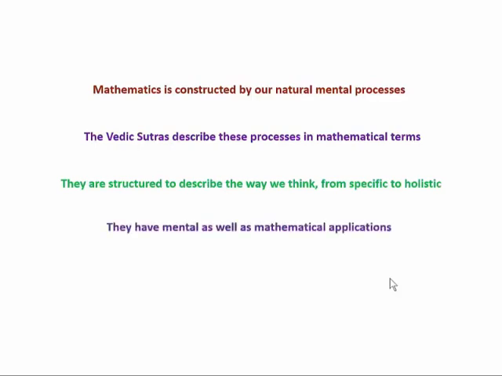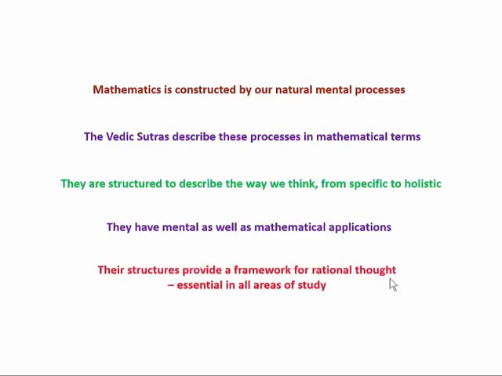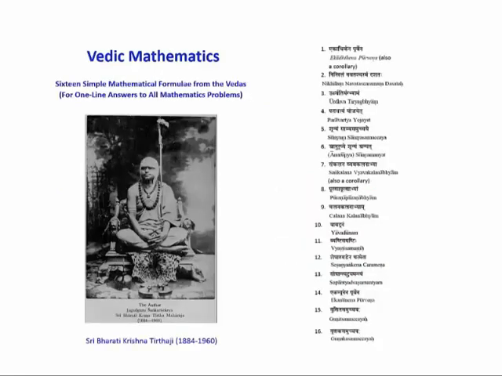They have mental as well as mathematical applications, and their structures provide a framework for rational thought, essential in all areas of study. So I'd like to suggest that what THG has given us is a system of sutras that not only describes all mathematical processes, but also all rational thinking.